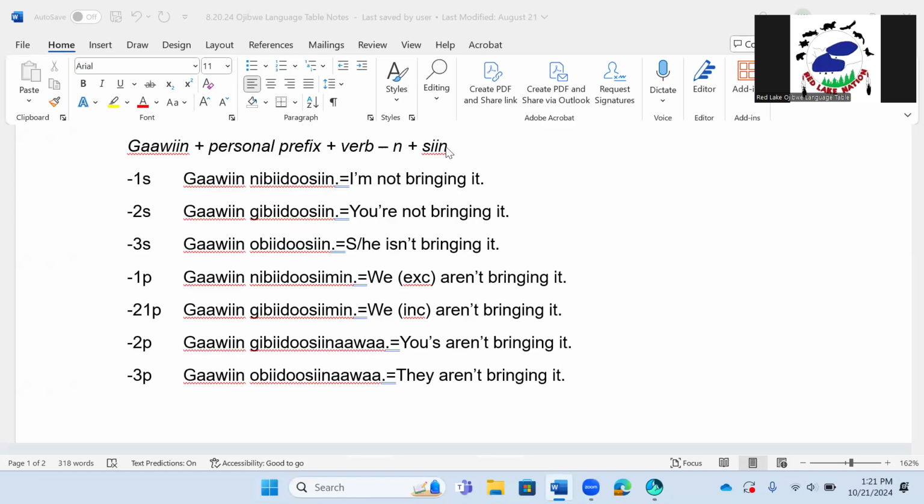But on this one, the n also drops and we're going to add min. Weird rule. I didn't add it up here, but that's the rule. And once you get comfortable with the Ojibwe language, this is when you don't even have to think about it. You just spit it out. Gawin ni bidusimin. We, exclusive, aren't bringing it.